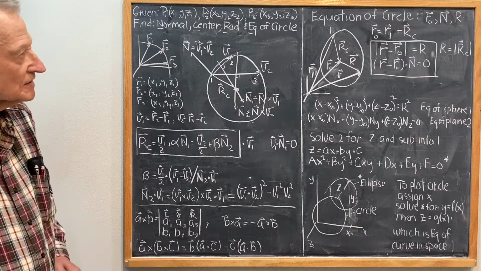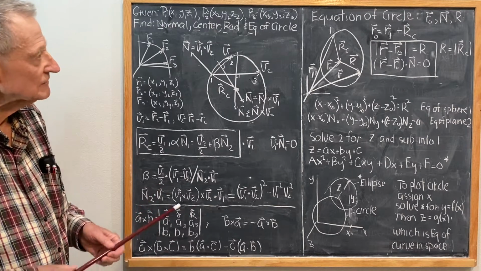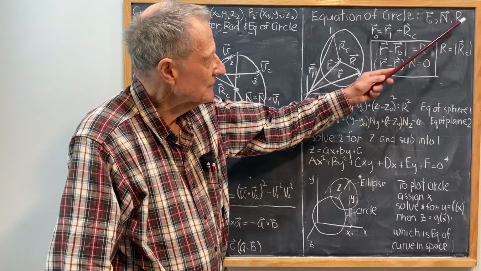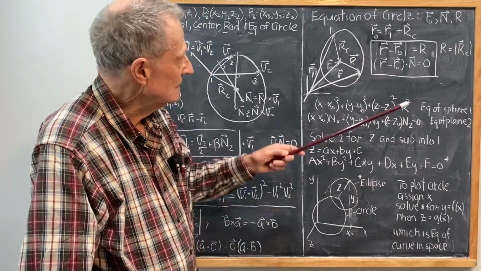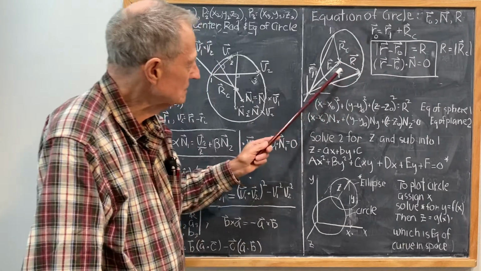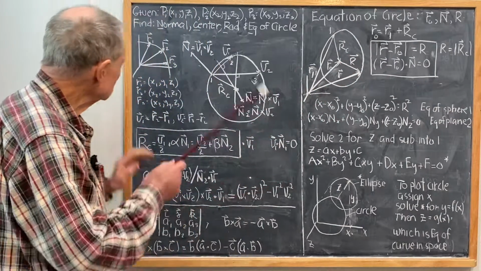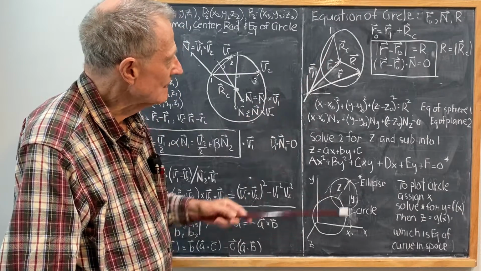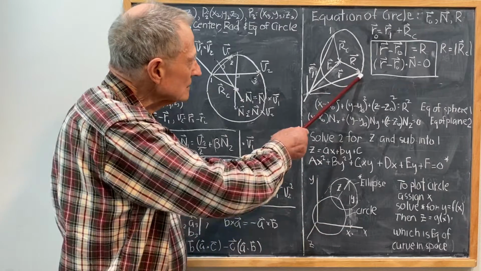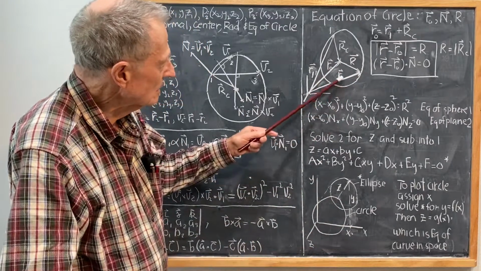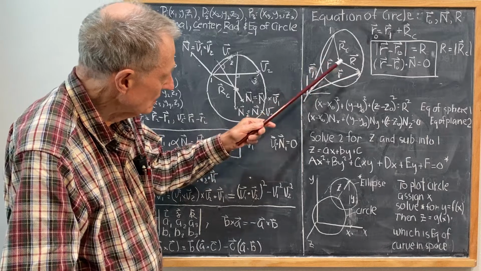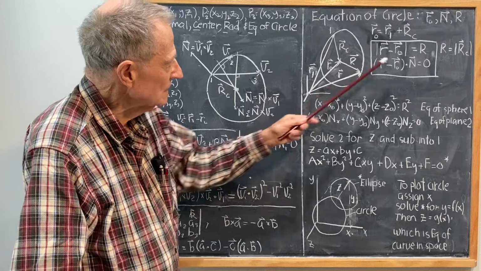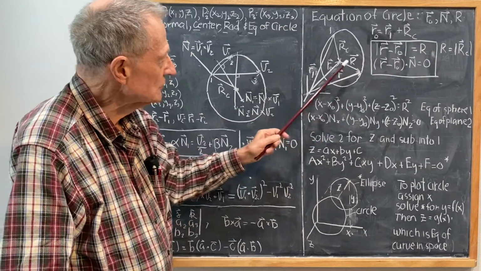All right, now to determine the equation of the circle, we have the center of the circle, the normal to the circle, and the radius of the circle. The center of the circle, R0, is equal to R1, this point right here, plus R sub C, and the distance of any point from the center is R minus R0, whose absolute value is R, the radius of the circle.